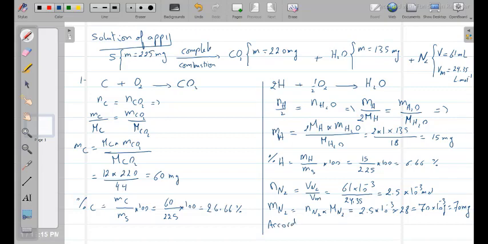According to the law of conservation of mass, mass of nitrogen in the organic compound S equal mass of N2, which is equal to 70 milligram.